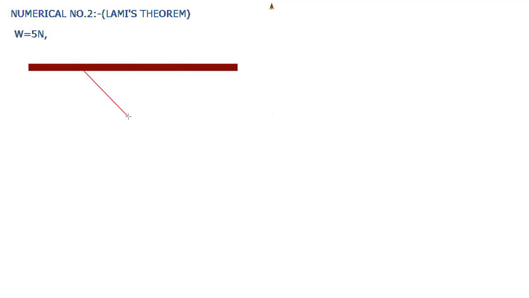One cord is there, and the second cord is there, which is being pulled horizontally, and a lamp is attached, which is going vertically downward, and its weight is 5 Newton.